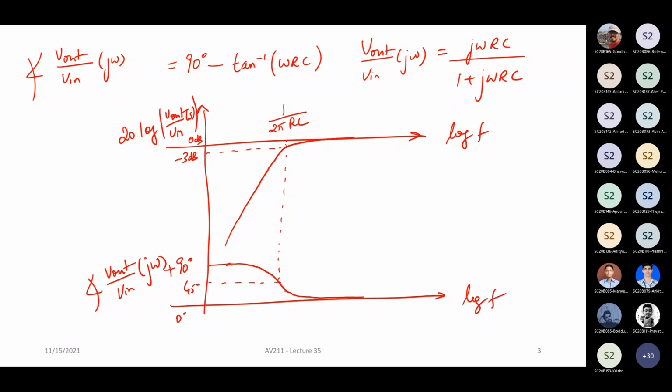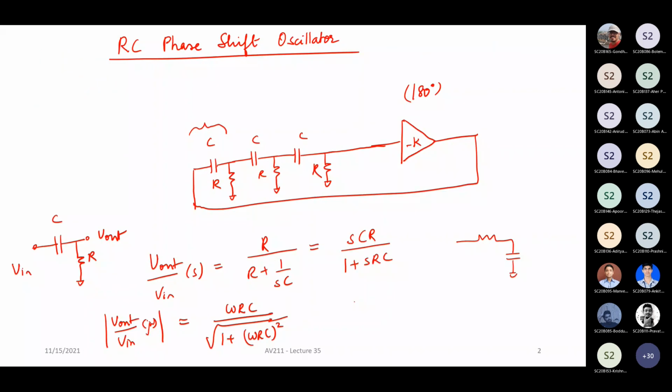Now, if you look at this oscillator, I am claiming that this is going to work as an oscillator. Can you tell me what is the required phase shift for each of these RC sections? So just the addition of the phases of the different RC.